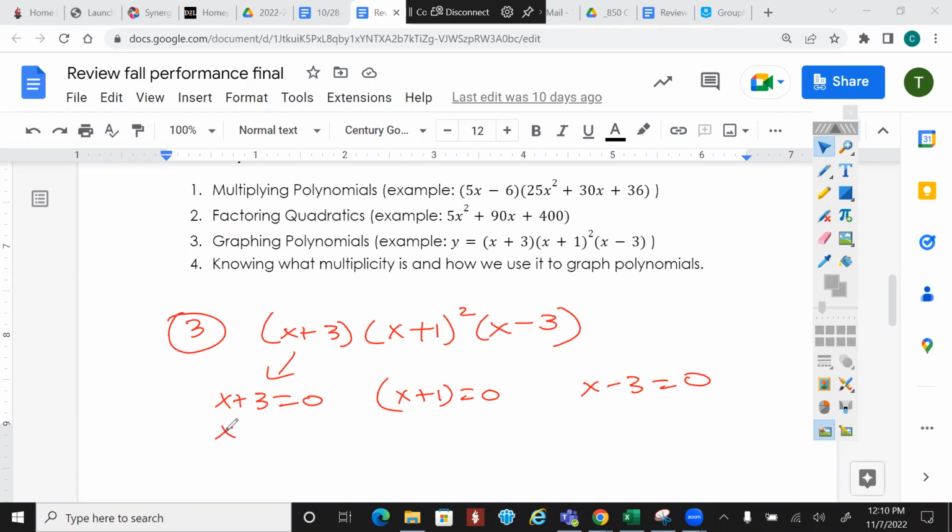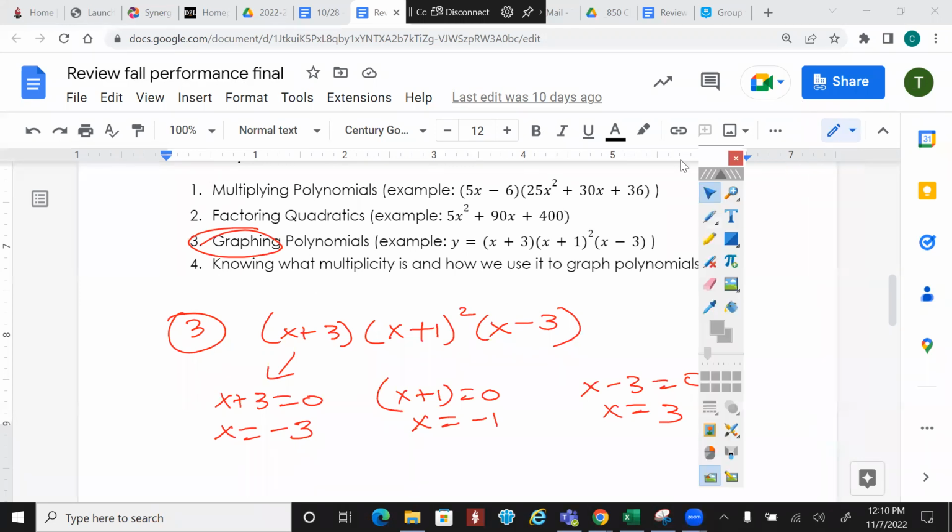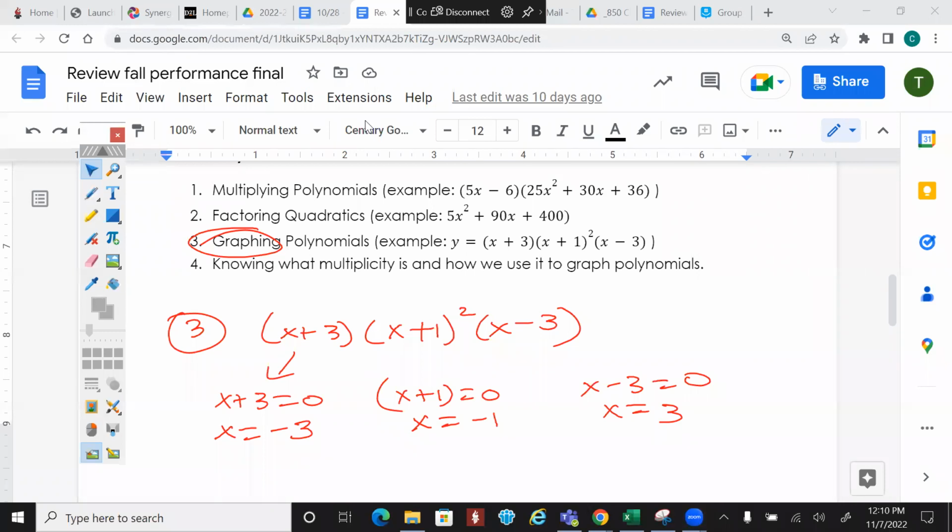So that's going to give me x equals -3, x equals -1, and x equals 3. How many solutions do we have? We have 3. Now, in the instructions, it says to graph the polynomial. So we're going to make a little XY graph.